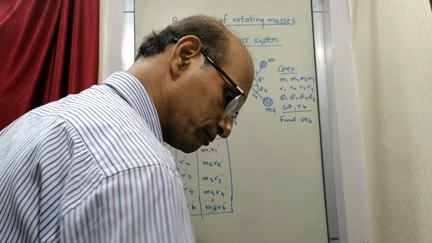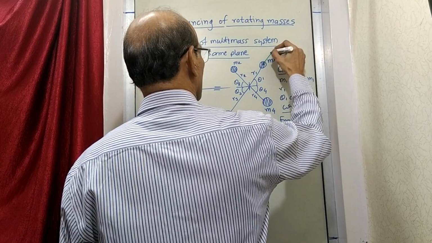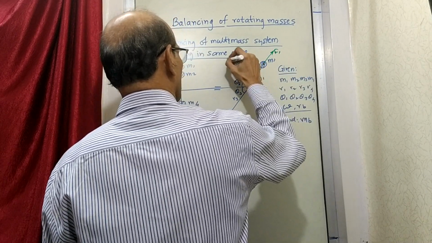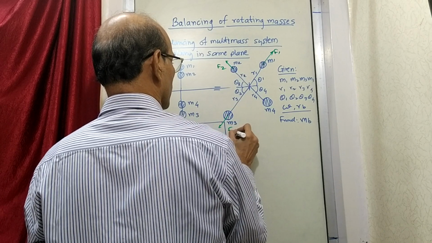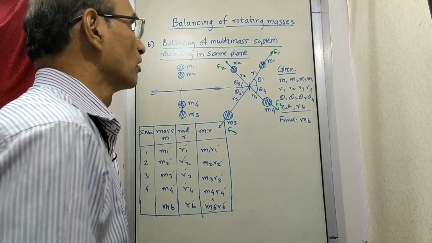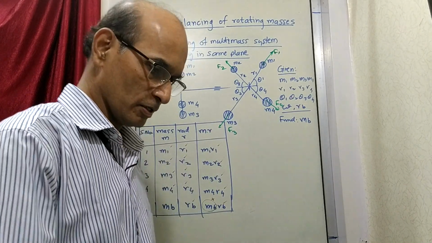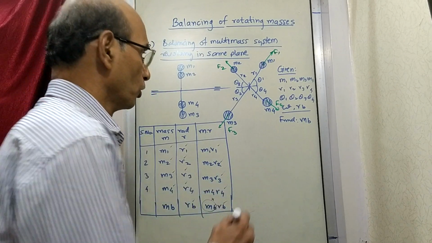So I'll show that. Here there is a centrifugal force F1, F2, F3, and here it is F4. So these are the centrifugal forces acting on the four masses. So now what we are going to do is draw what is called the force polygon.